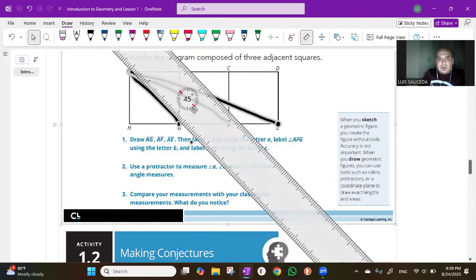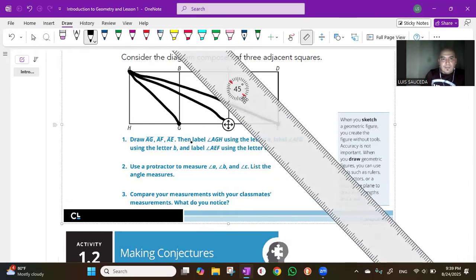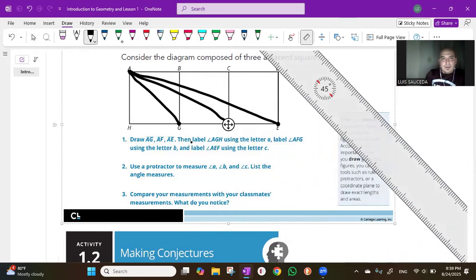So right here, it's already giving us that this angle right here is 45. And by the way, this angle here, according to the text, is angle AGH, using A. So AGH, this is angle A. So angle A is equal to 45 degrees.